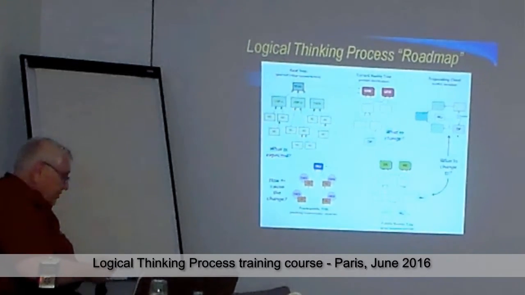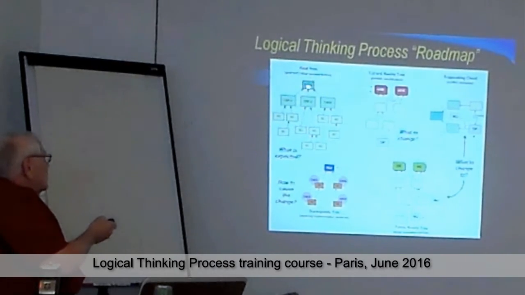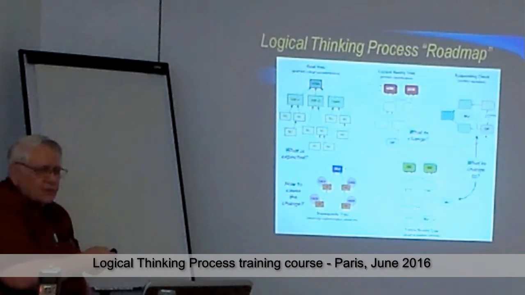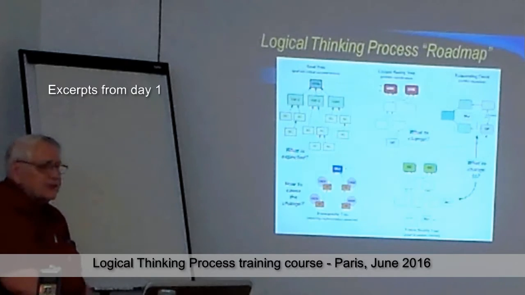We start out with this goal tree here, which has a goal at the top and a set of critical success factors, and we'll define that in more detail when we get around to it this afternoon. And a set of supporting necessary conditions for each of those critical success factors.